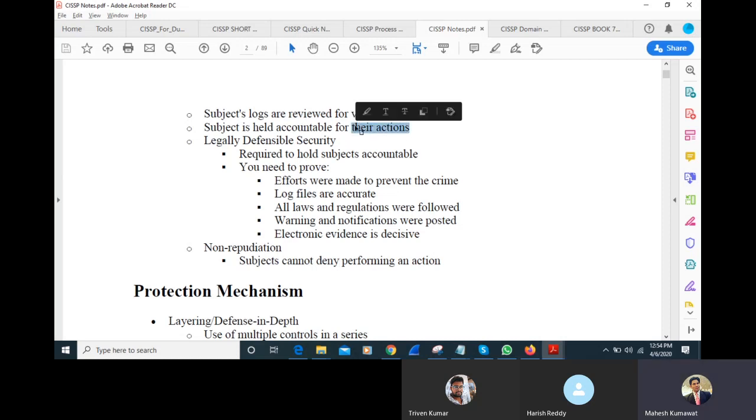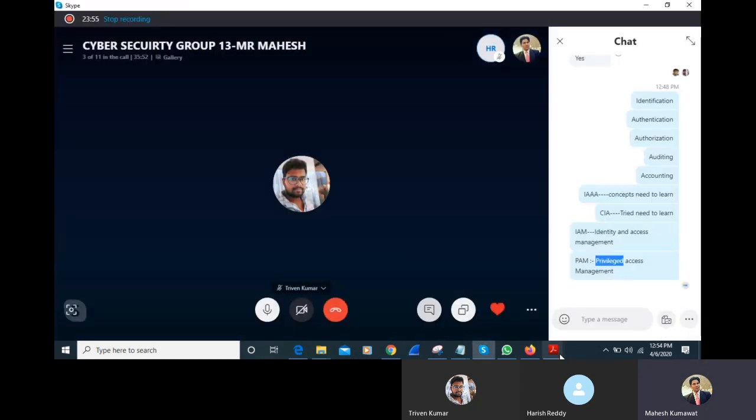Another thing is non-repudiation: subjects cannot deny performing an action. If it is done from your ID and password and the logs are available, you cannot deny it. This is called non-repudiation. All these things are very important.